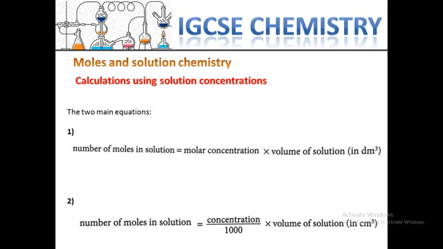Next, here we are going to learn how to calculate the concentration through these two main equations. We can find the number of moles in solution. We have two important equations. From the first or second, we can get the number of moles in solution. The first one is equal to molar concentration times volume of solution, which is in cubic decimeters.